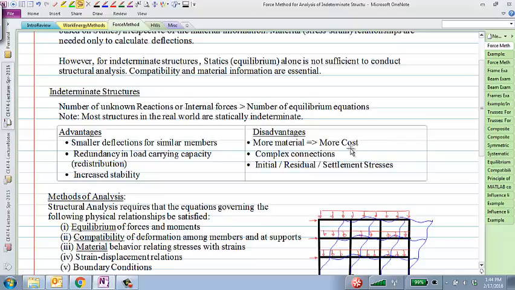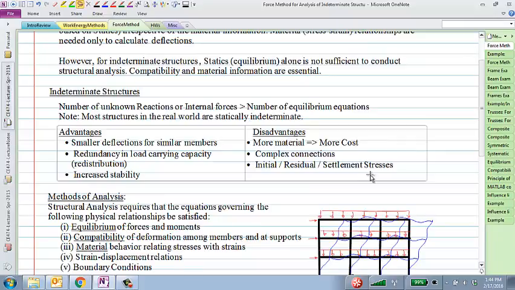And the other key characteristic of indeterminate systems is that there can be initial, residual, or misfit stresses. Let me go back to the very simple example of those two springs hanging from the ceiling.